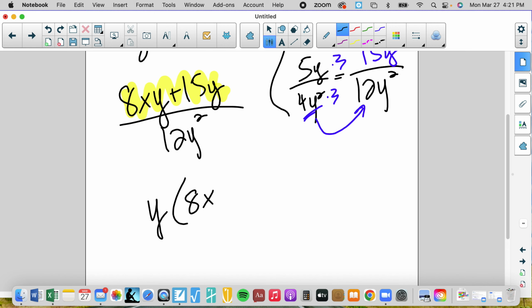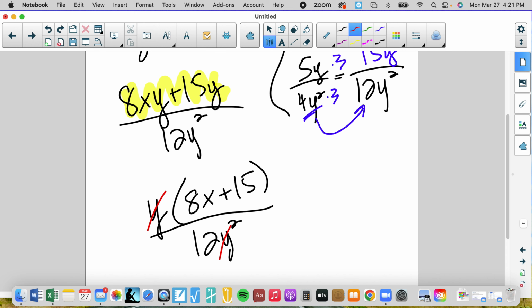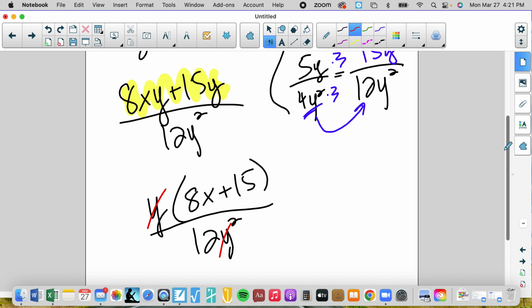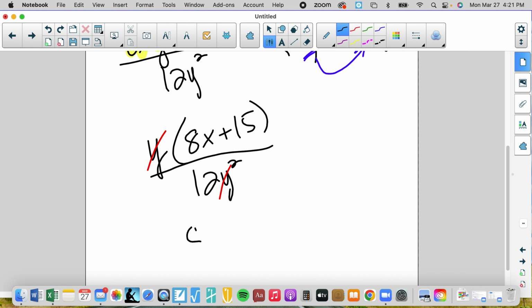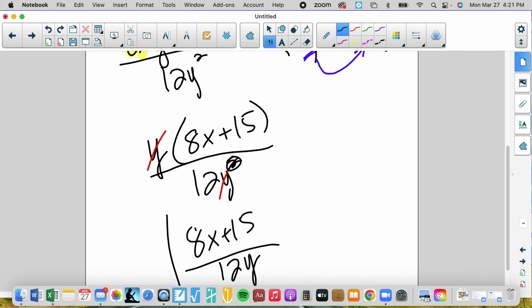That gives me 8x, and that gives me 15. All over 12y squared. We're going to cancel the y's now that they're being multiplied. So I'm left with 8x plus 15 in the numerator, and I'm going to cancel one of these y's, so I'm left with 12y.